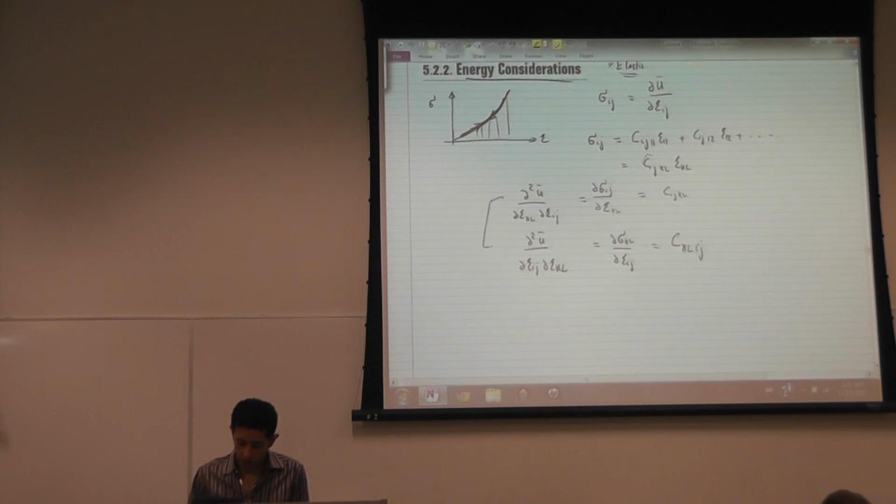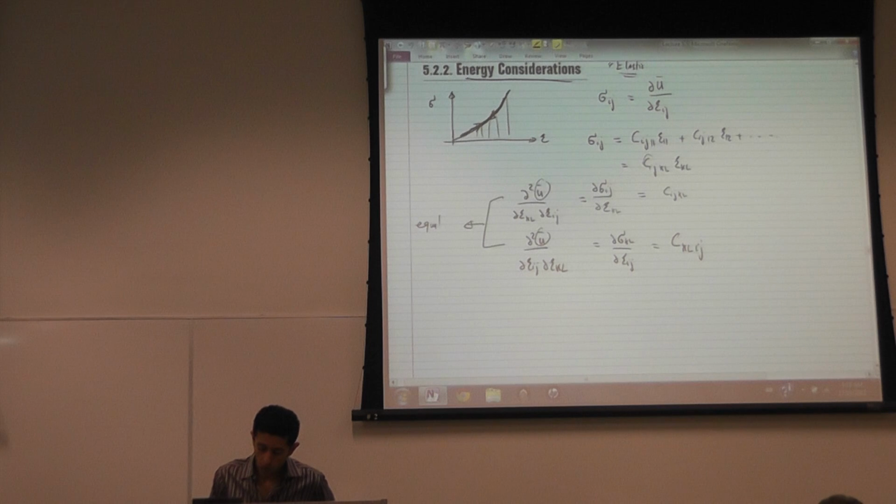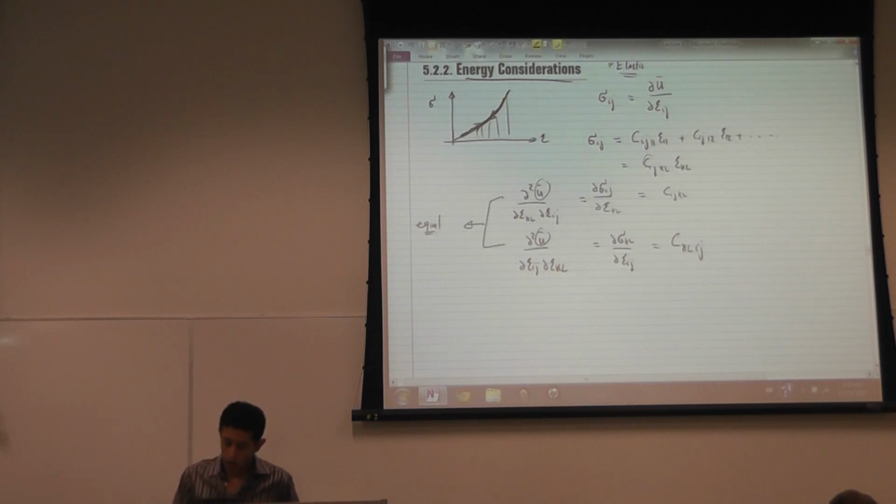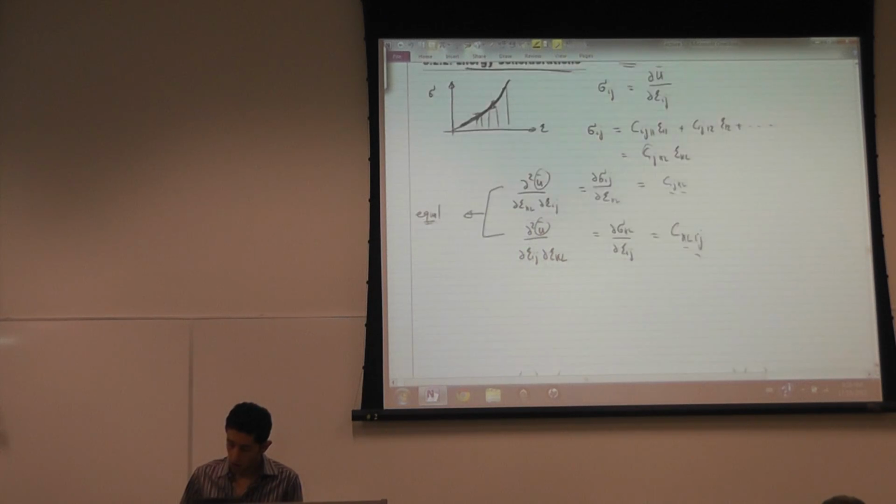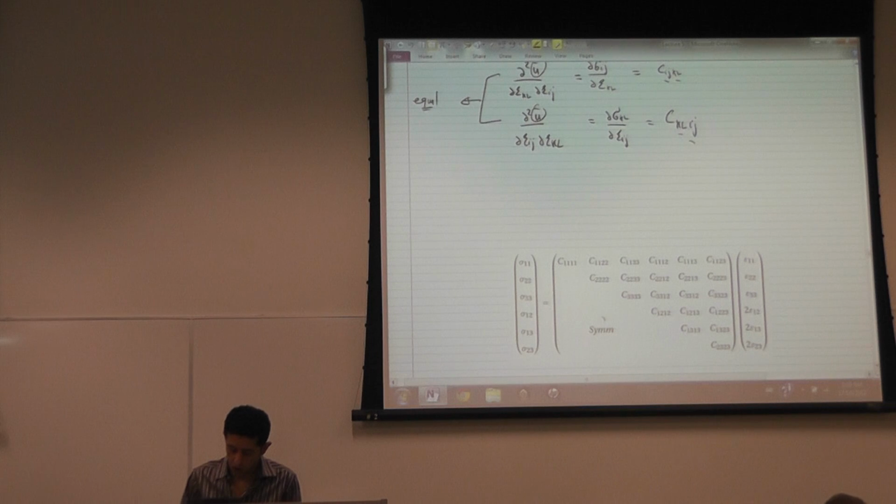Now because of the existence of this function, these two have to be equal. And because these two are equal, you get that Cij kl is equal to C kl ij, which tells me this matrix is symmetric. C1122 is equal to C2211.